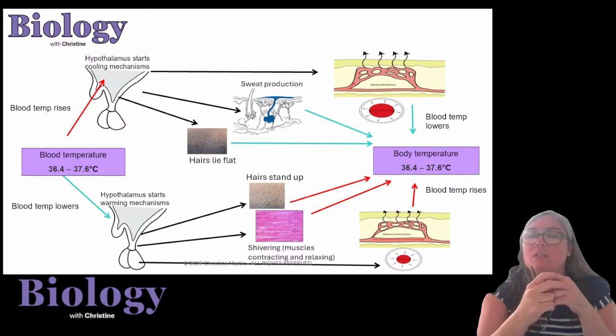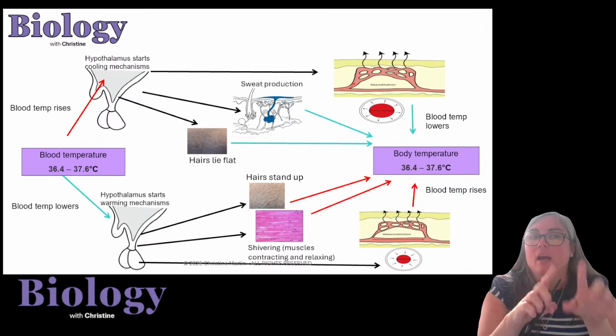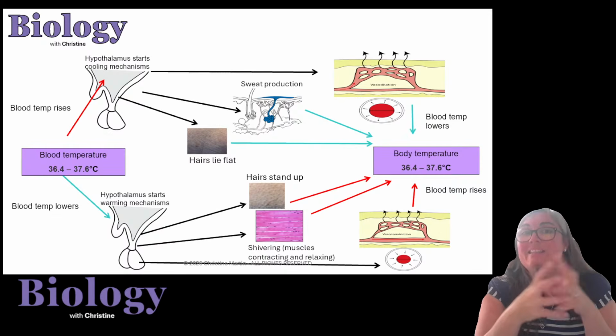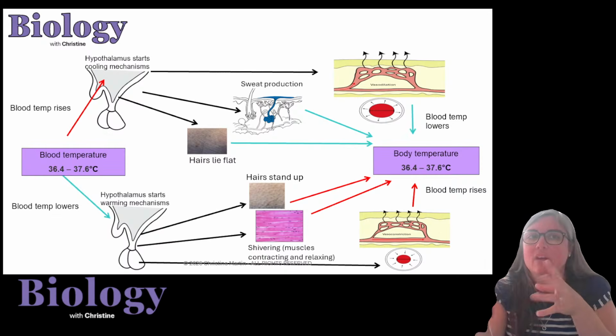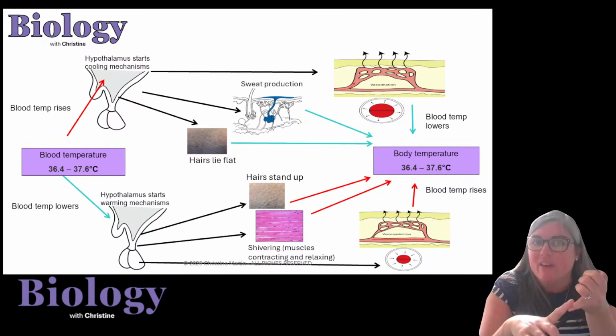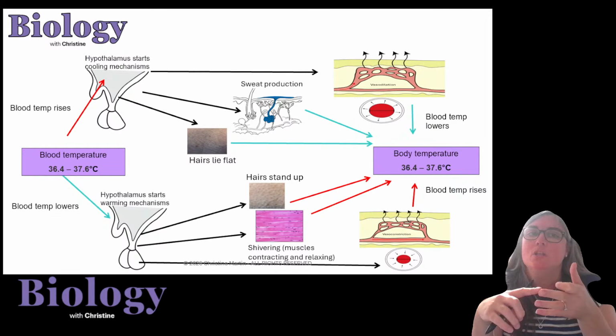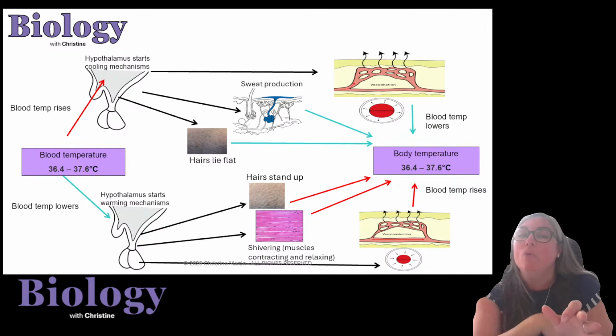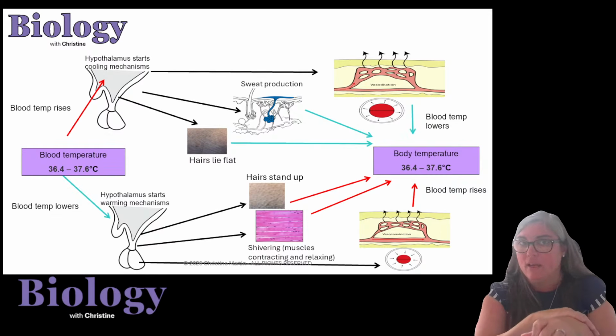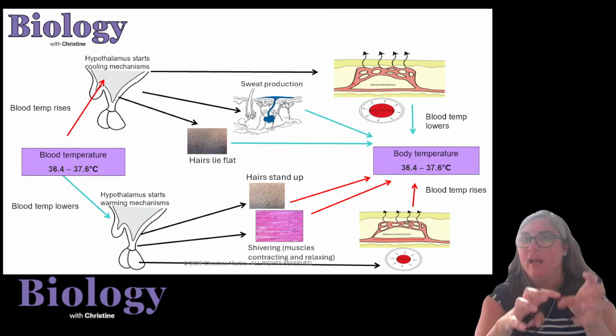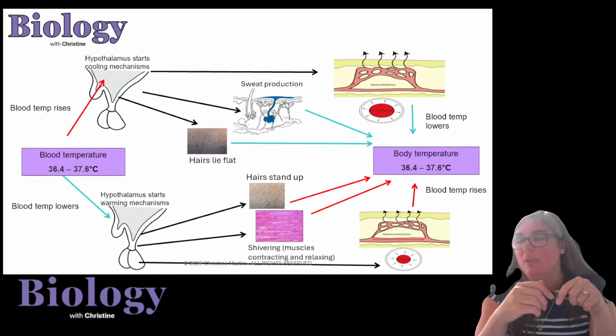The hypothalamus is going to, in this case, send nerve impulses, and those are going to cause vasodilation, cause sweat production, and stimulate our muscles to relax, causing our hairs to lie flat, which will help to lower the blood temperature.